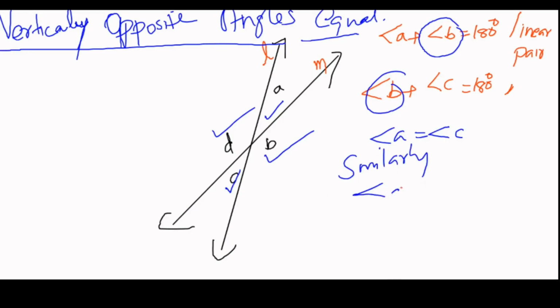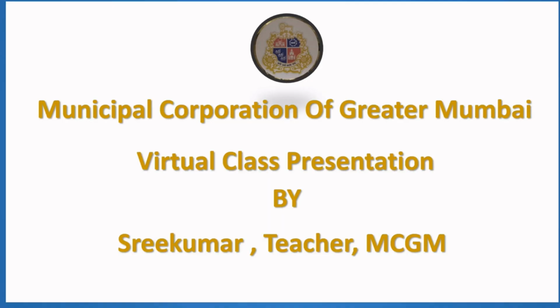In the same way, we can say that angle D is equal to angle B by measure. So this way we understood there are complementary angles, supplementary angles, linear pair, vertically opposite angles, and the concept of adjacent angle. These are the pairs of angles that you have to study.